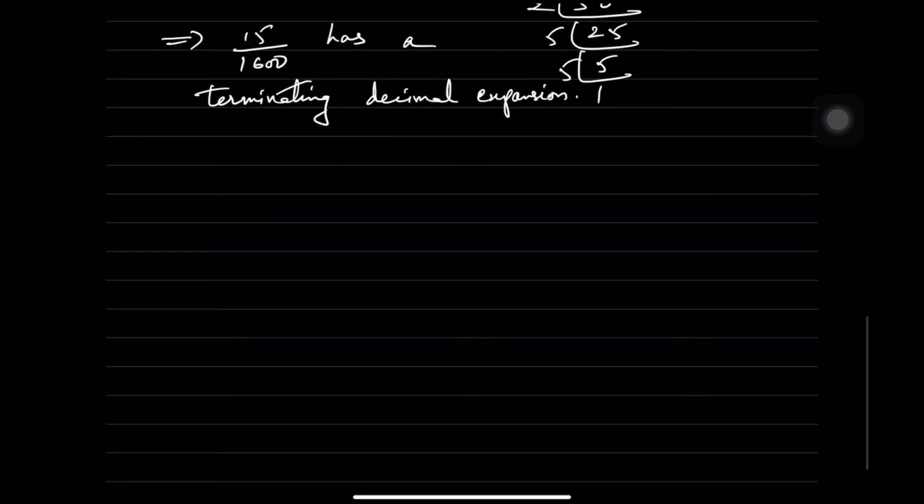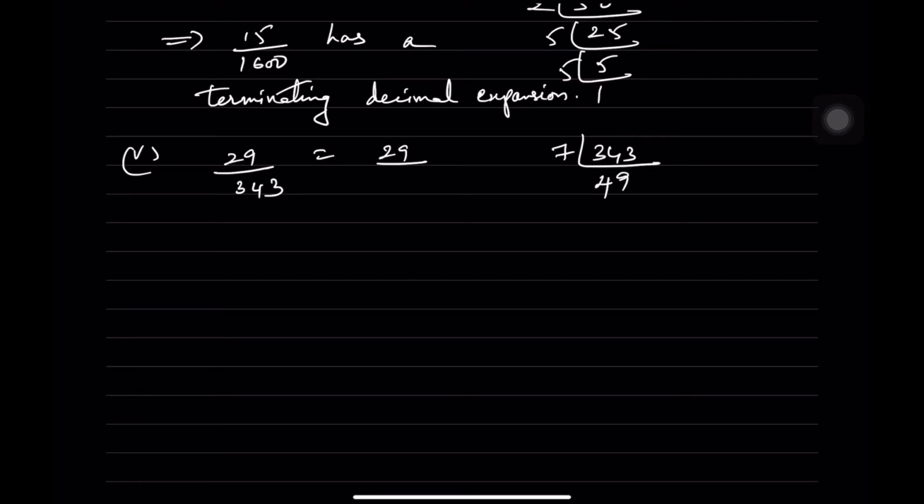Next, fifth one, we have 29 by 343. It can be written by dividing by the LCM of this, which is 7. If we take 7, 7 4s are 28, 7 9s are 63, 7 7s are 49, so 7 1s are 7. We get 7 cubed over here.